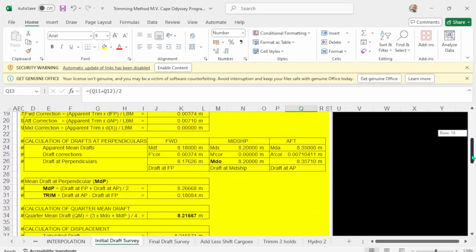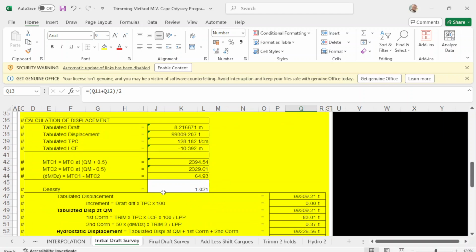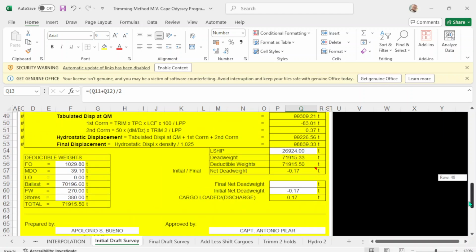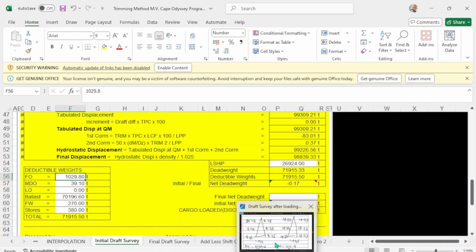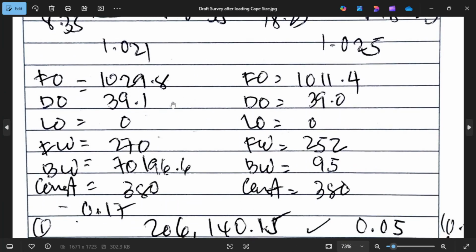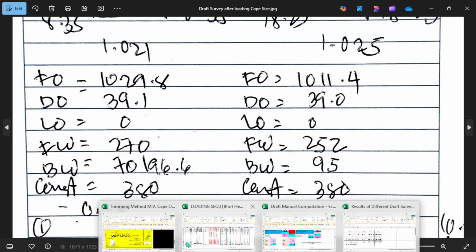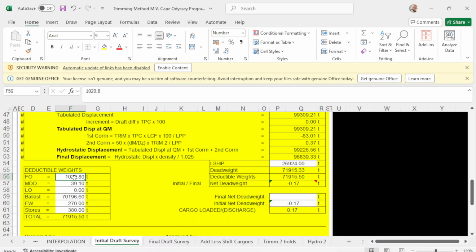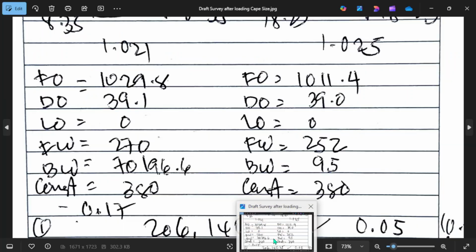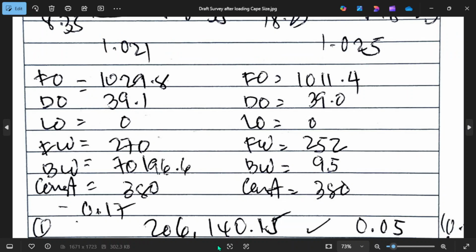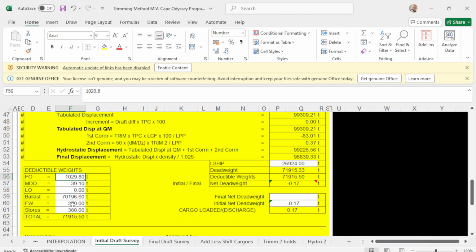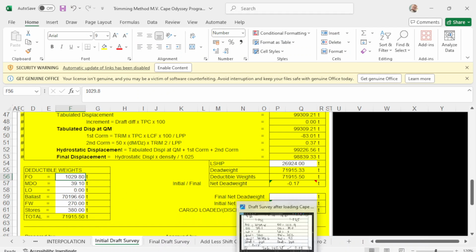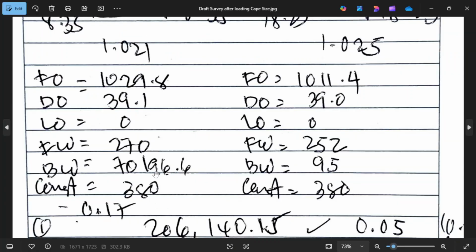And what will be your density is 1.021, and your ROBs, edit this one. ROB, go 10,298 here. DO is 391. Ballast is how much here ballast? 70,196.6.